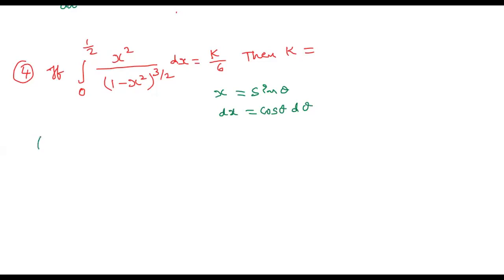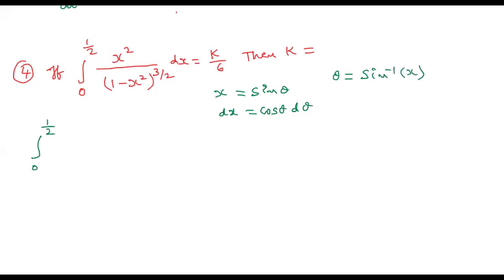First see the integration from 0 to 1 by 2. Substitute, and we want to change the limit also. If x is equal to 0, then what is theta? Here x is equal to sine theta means theta is sine inverse x.